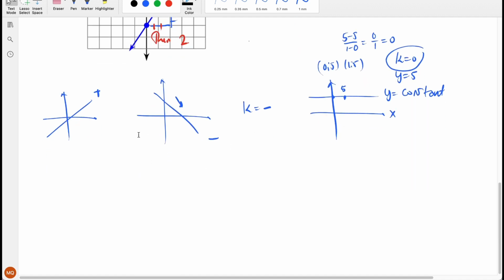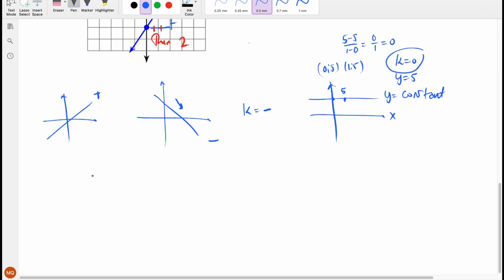That's why slope is equal to 0. When it is parallel to the y axis, we say it is x is equal to constant. If here is 5, so it is x is equal to 5, and here slope is undefined.